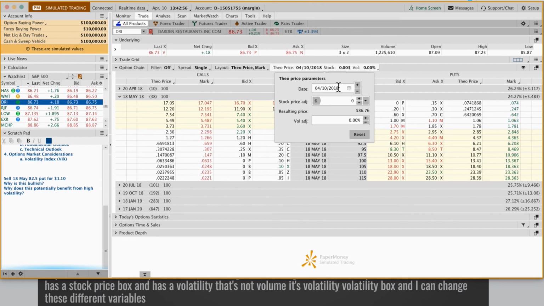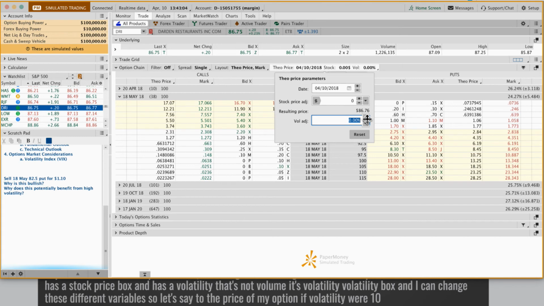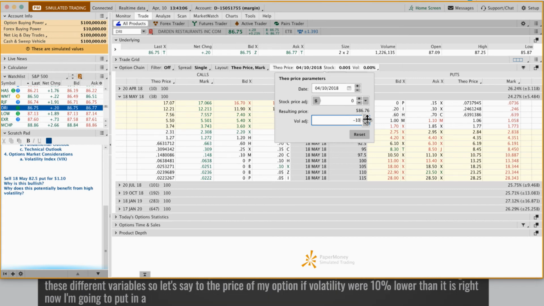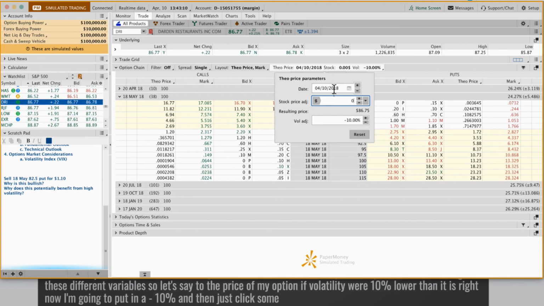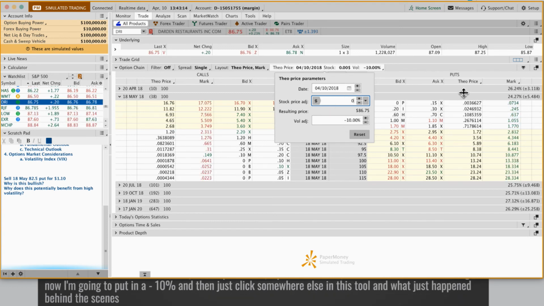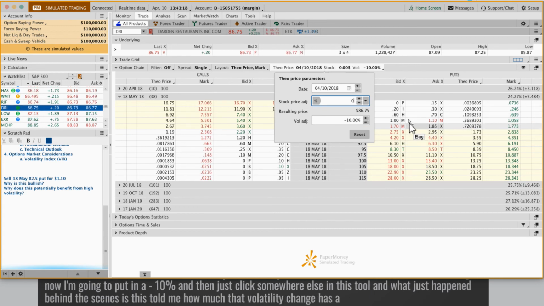variables. So let's say, boy, I wonder what would happen to the price of my option if volatility were 10% lower than it is right now. I'm going to put in a minus 10% and then just click somewhere else in this tool. What just happened behind the scenes is this told me how much that volatility change has affected the pricing of my option.